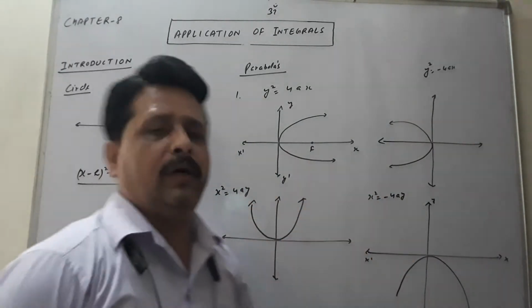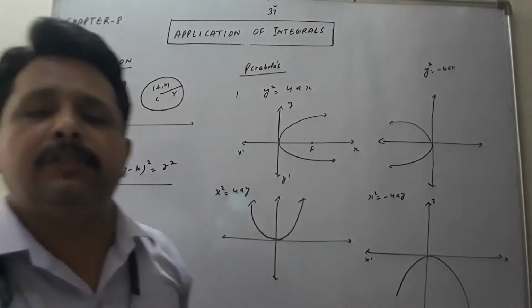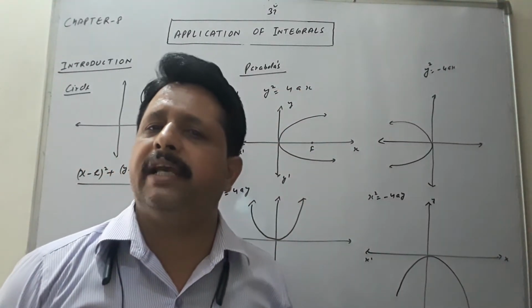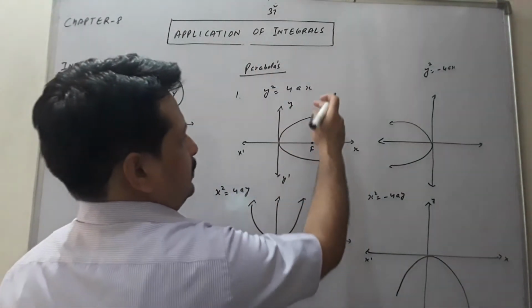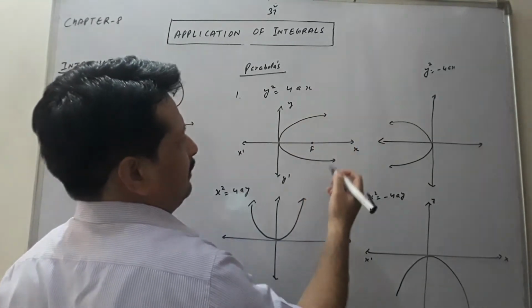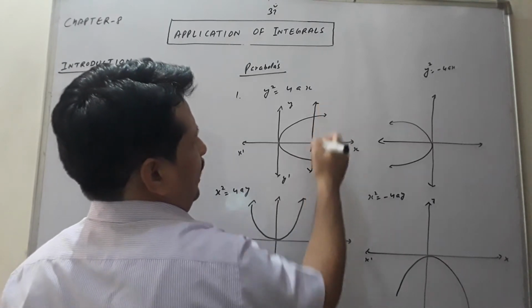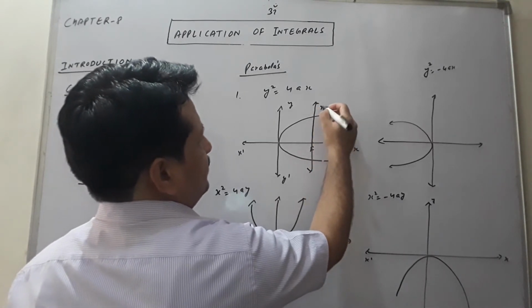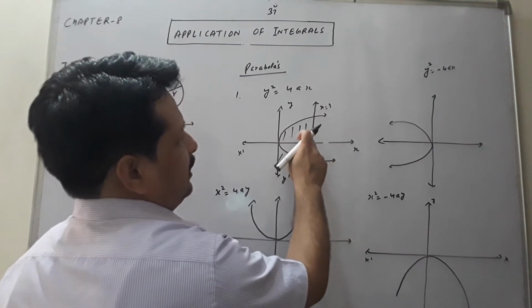Here, students, you have to understand the shape of the parabolas, because there will be a question where we have to find out the area of the shaded region. Maybe the shaded region will lie here. For example, if I am taking this x and I have drawn a line x equal to 4, then we have to find out the area of this shaded region.